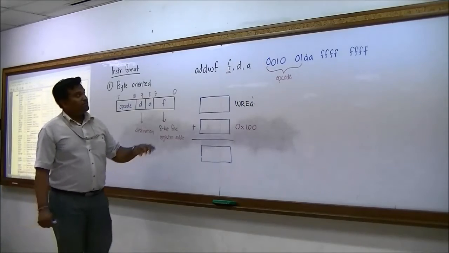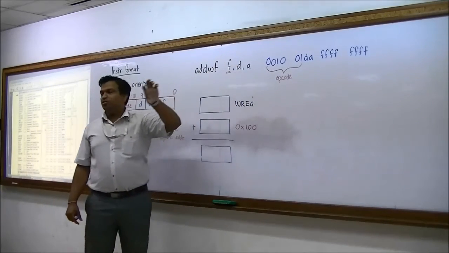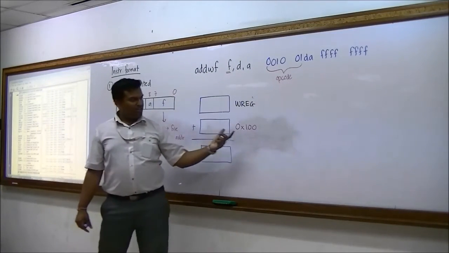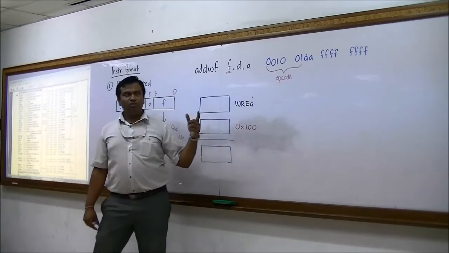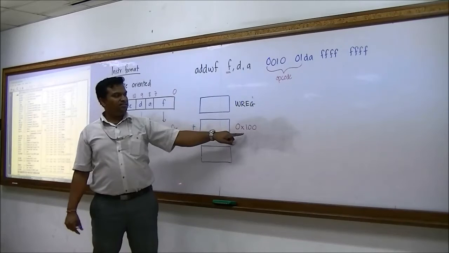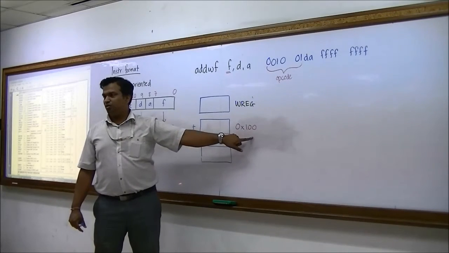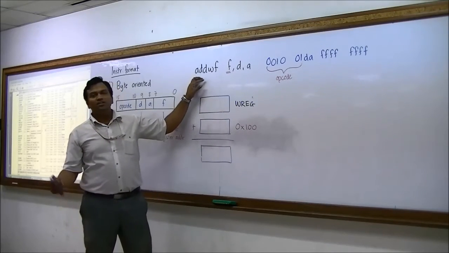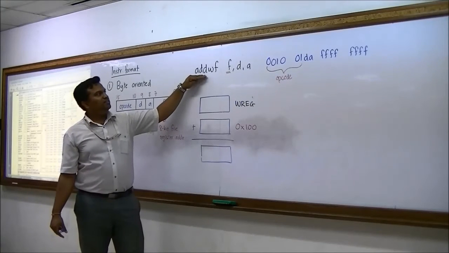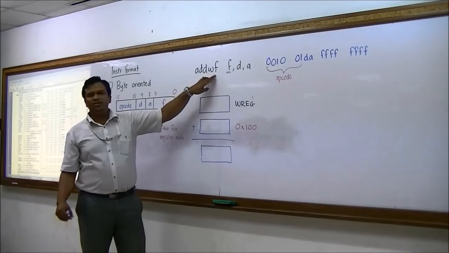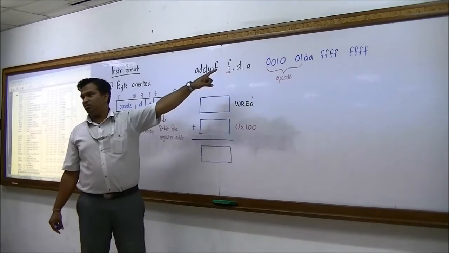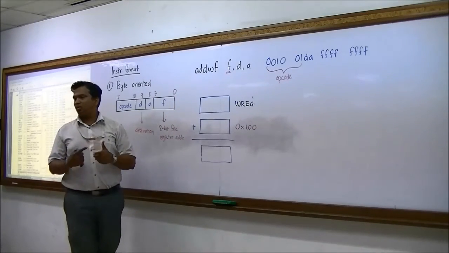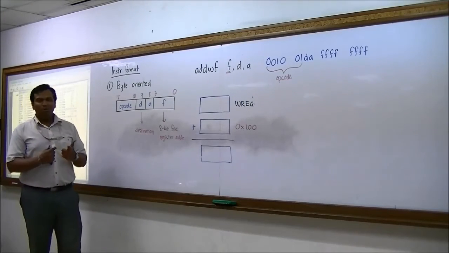So now, since this F field is where we are supposed to provide the address, and this is our address, hex 100, that means here we should write the address hex 100, so that the CPU will know to add the content of the working register to the file register. Which file register? We provide hex 100. Oh, at hex 100. But then there is a slight problem. What is the problem?